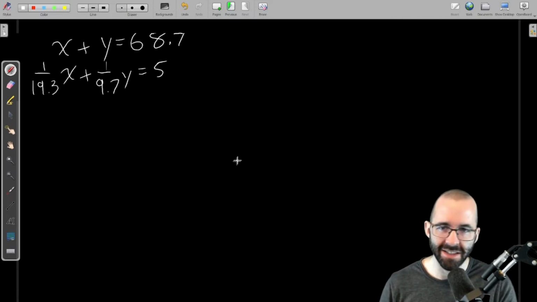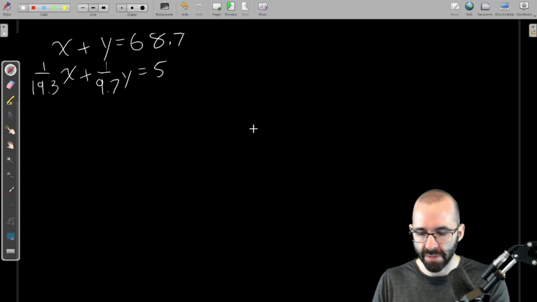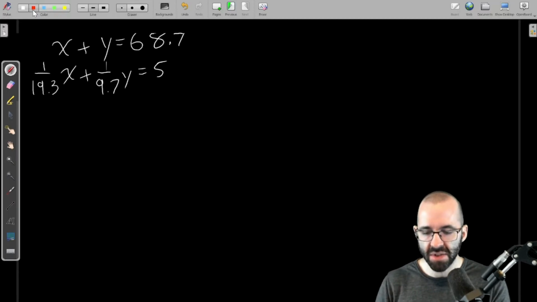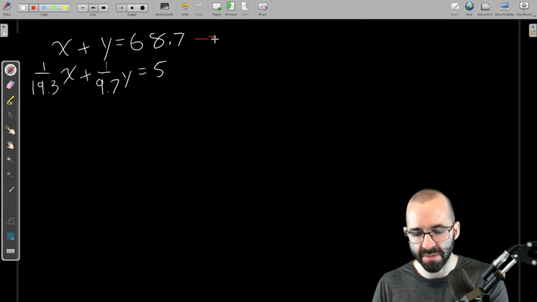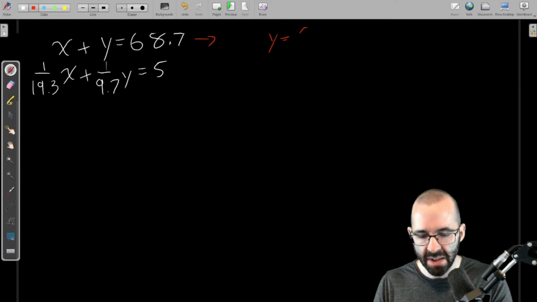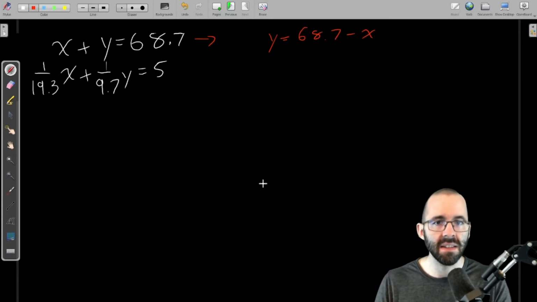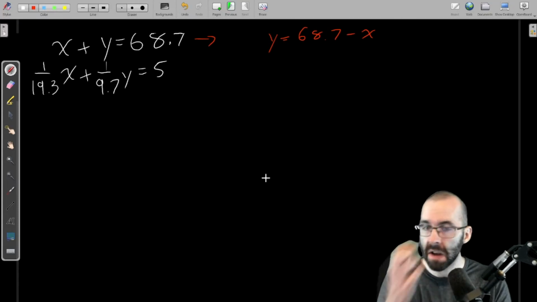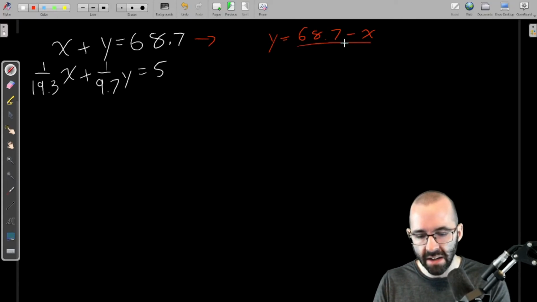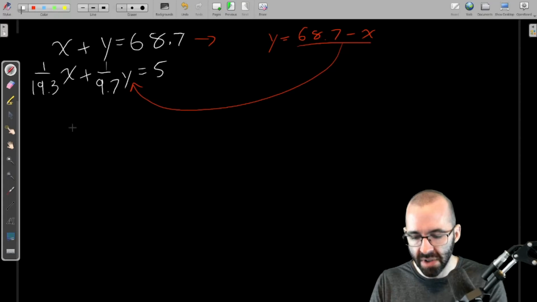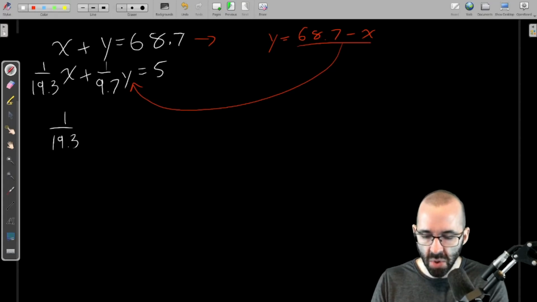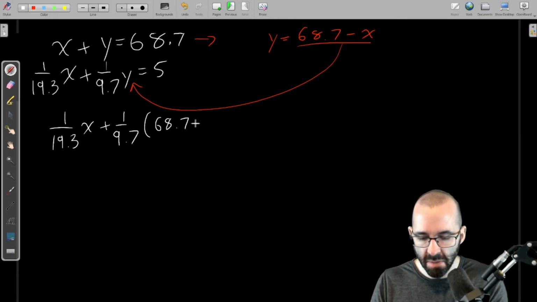I keep saying elimination. I'm going to solve for y in this first equation. That means y is going to be 68.7 minus x. And we can plug that in for the y in the second equation. That gives us 1 over 19.3 times x plus 1 over 9.7 times y, which is 68.7 minus x. That all has to equal 5.